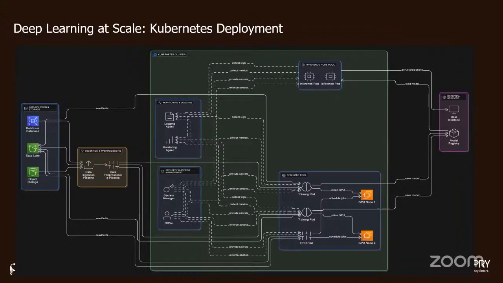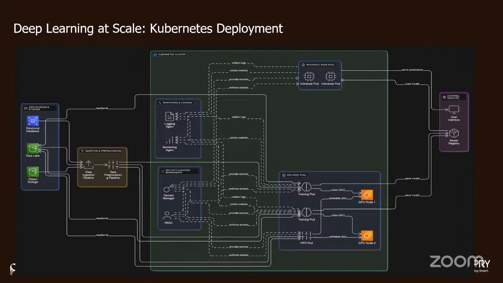Each pod schedules a job on GPU nodes, so GPU node 1 and GPU node 2. On GPU node 1, the training pod will train and run your deep learning models. And the HPO pods, on GPU node 2, will run multiple trials on hyperparameter configurations and apply all sorts of optimizations.